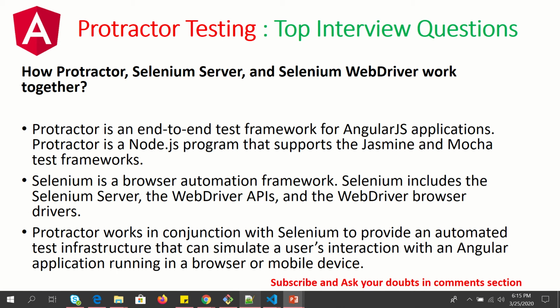Selenium includes the Selenium Server, the WebDriver APIs, and the WebDriver browser drivers. Protractor works in conjunction with Selenium to provide an automated test infrastructure that can simulate users' interaction with the Angular application running in the browser. So remember the difference between each of them: Protractor, Selenium, and Selenium WebDriver.